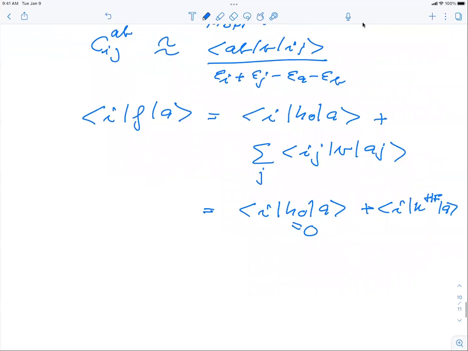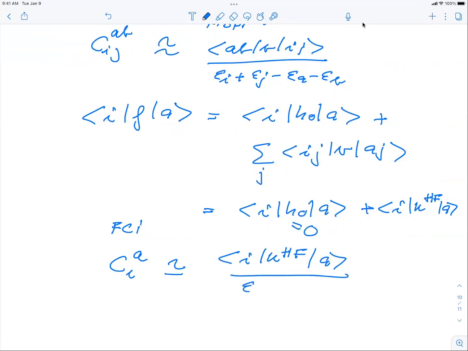That means that our C_IA in CI calculations, so this is the FCI case, can then be approximated with I of the U-Hartree-Fock of A divided by epsilon I minus epsilon A. And then we made the connection between the FCI calculations and the approximative method given by many-body perturbation theory.